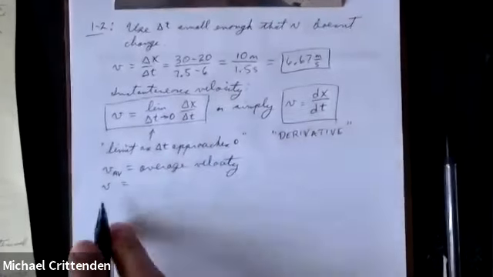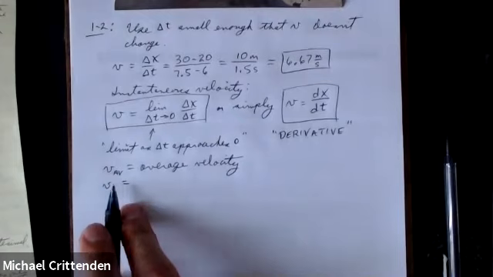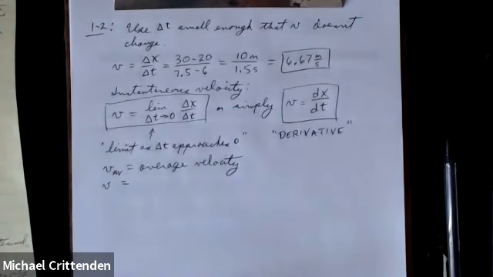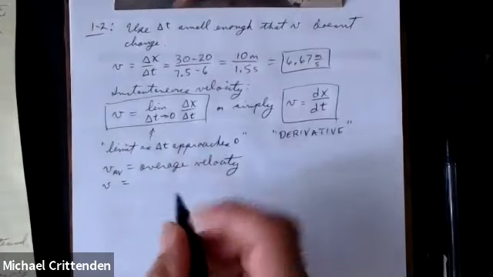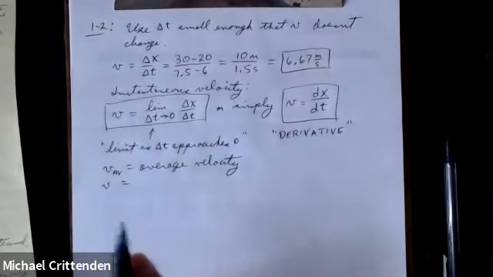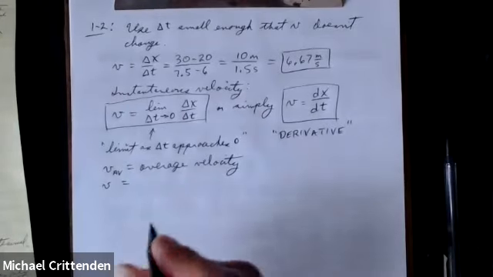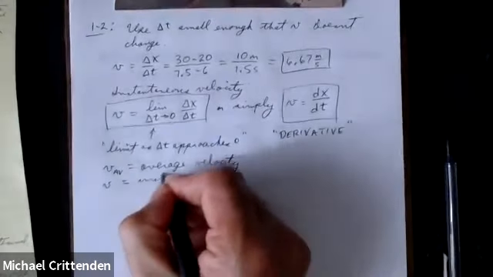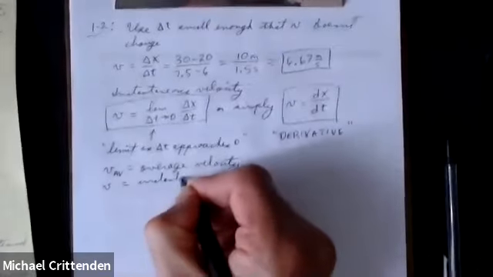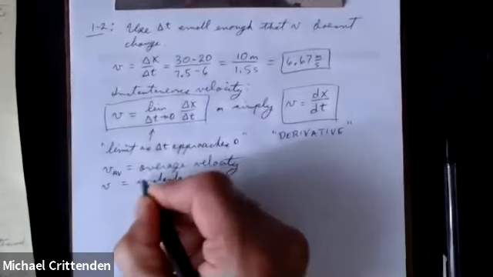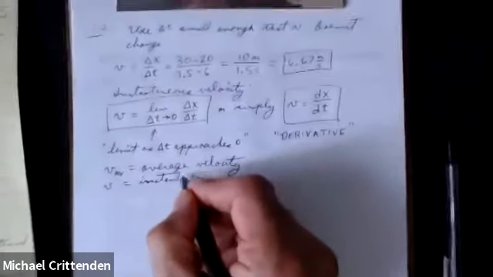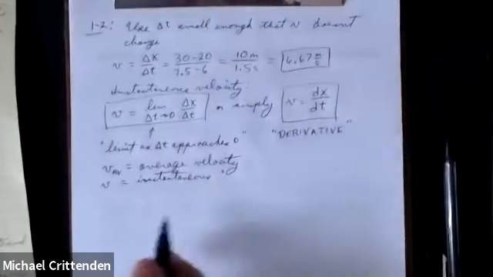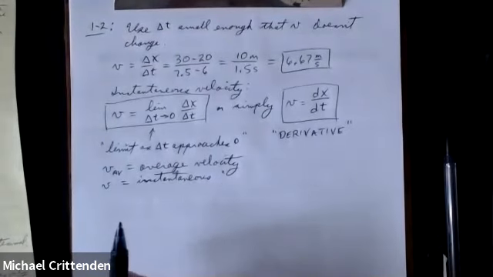When you see just plain V without the subscript, that means the instantaneous velocity, like right here, the velocity at an instant instead of averaged during some time delta t.